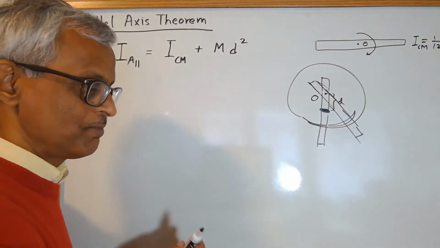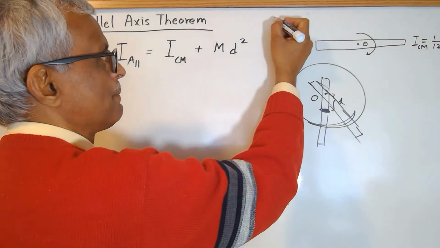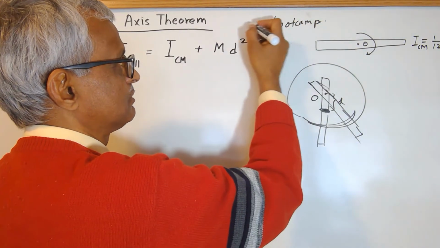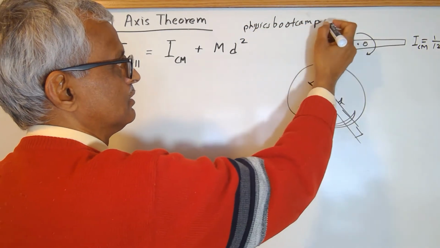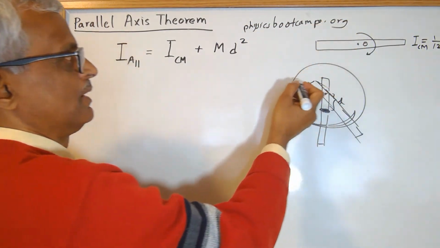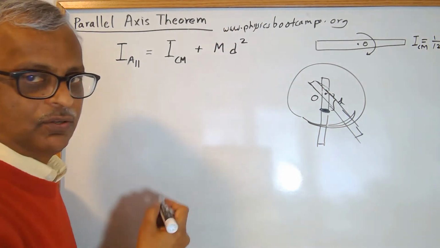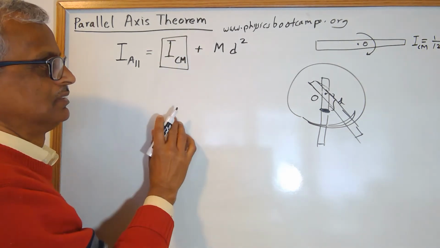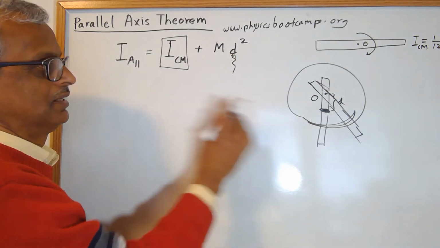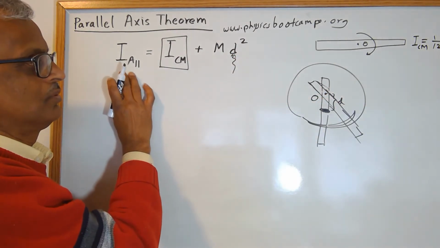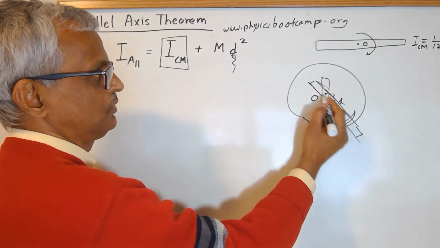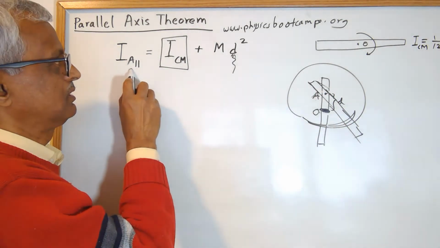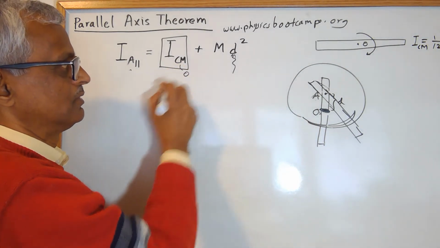Well, it turns out there's a proof on the physicsbootcamp.org website that requires calculus, and you can show that if you know this and you know the distance between two such axes, then if you know about O, you can know about A. So this is like O at the center.